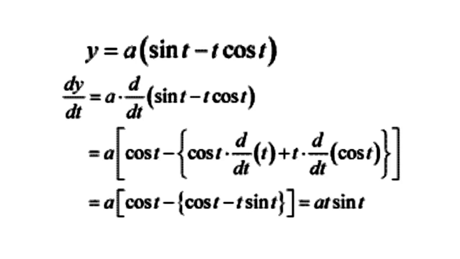So in the next step we will get a into, in the bracket, cos t minus, inside the bracket, cos t minus t into sin of t. So when we open the bracket, the sign of both the terms will change and we can cancel out cos t and cos t. So we have dy upon dt equals a into t into sin of t, which is equation number 2.